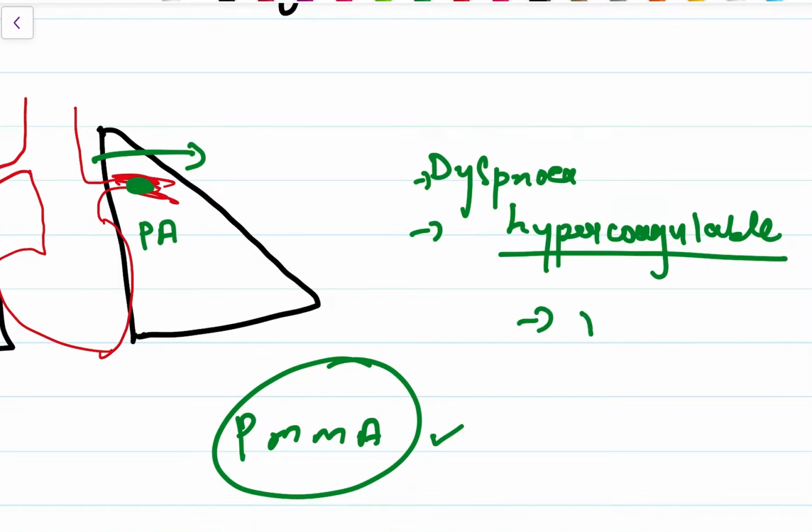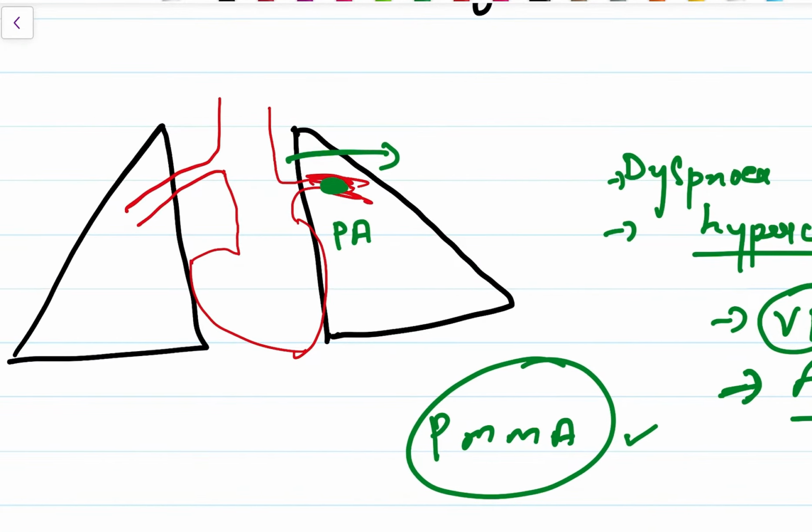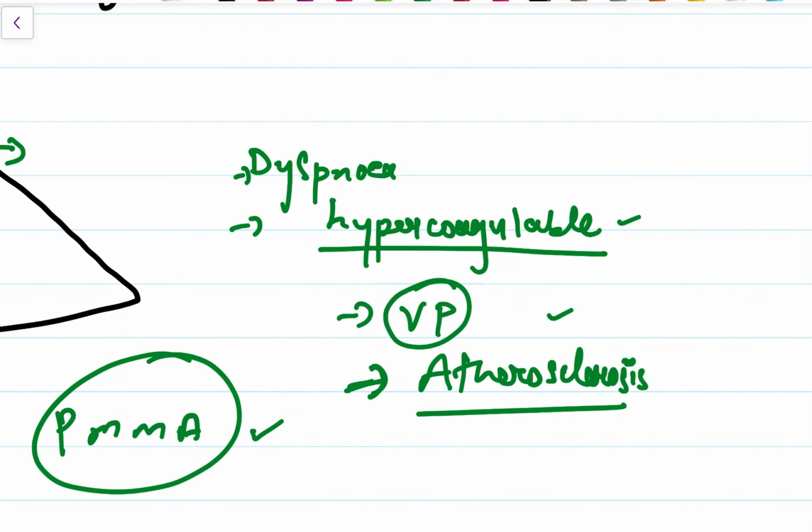The patient can also tell that he has undergone vertebroplasty, or the patient can have atherosclerosis also, and because of this also there can be obstruction of this artery.